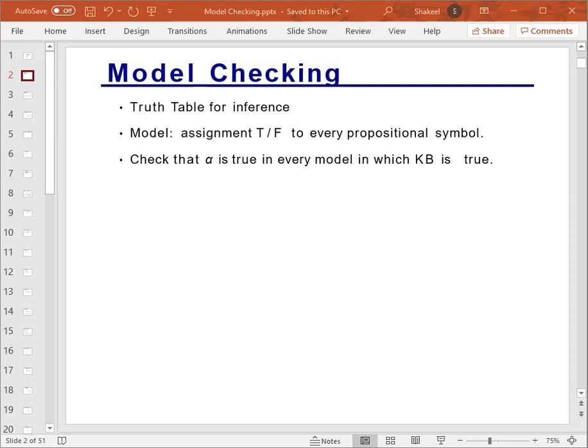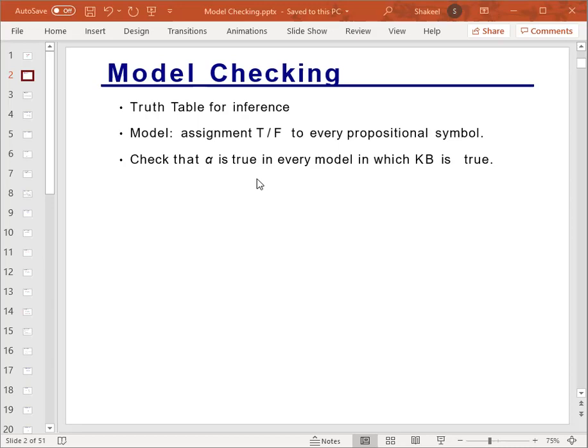Let's get started with model checking, in which we are going to enumerate all possible models using truth tables. A model is simply an assignment of true or false to every propositional symbol in the sentence or the formula.